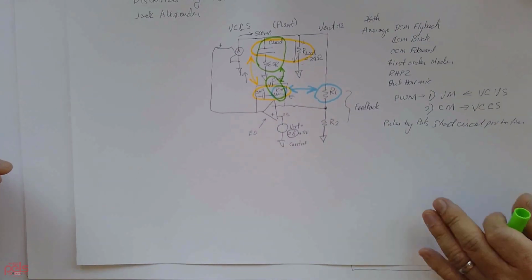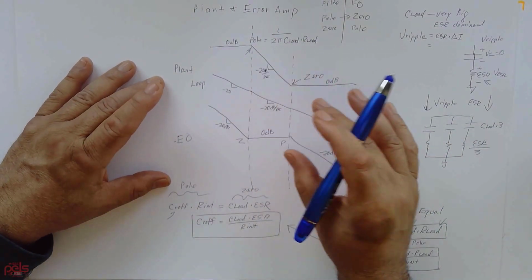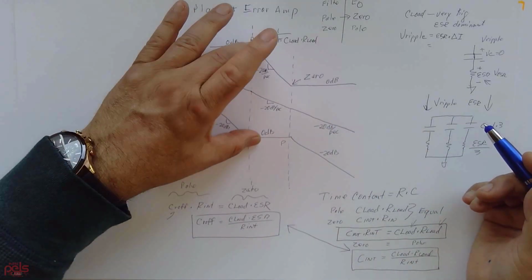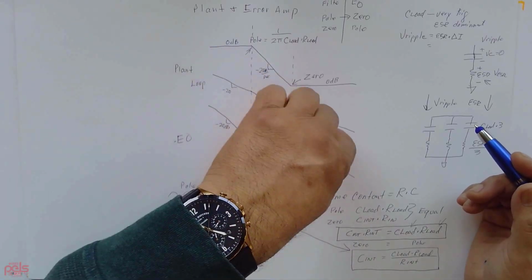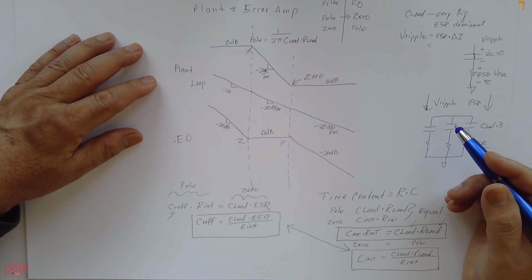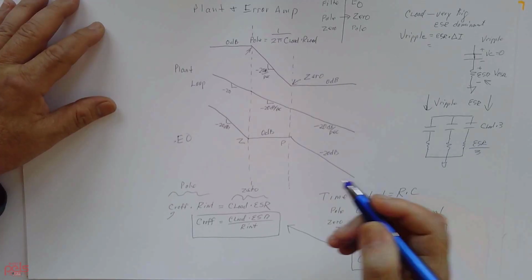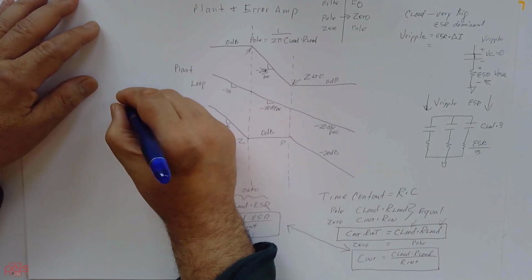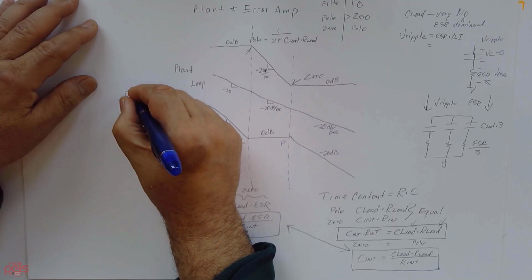That's the beauty of it: if you graphically plot it, this is what you want, and you end up with a nice 20 dB slope. Generally, if you have a 20 dB slope, then you should have a well compensated supply.